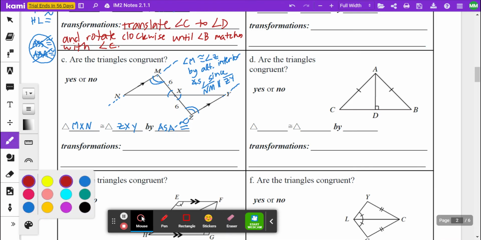If we did this, I would just have to rotate. Okay.